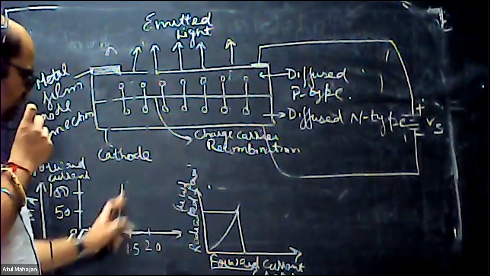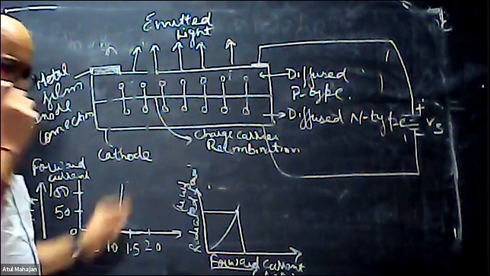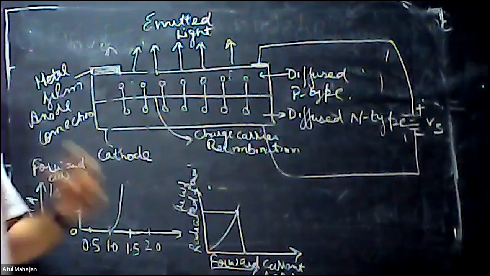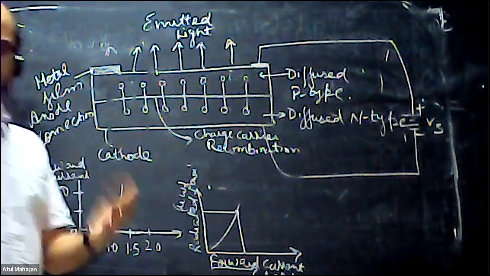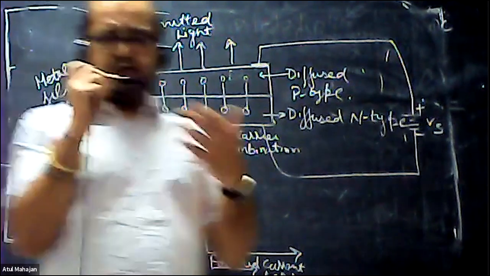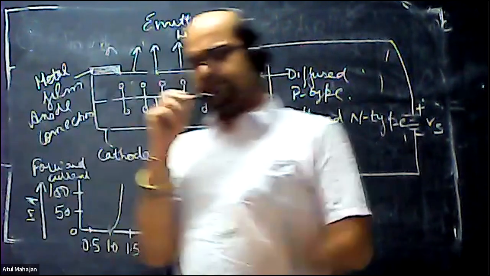With the increase of voltage there is not much increase in current at first, but at a certain point of voltage they attain a huge amount of current, because of the mobility of charge carriers, the recombination starts, and that recombination produces energy.